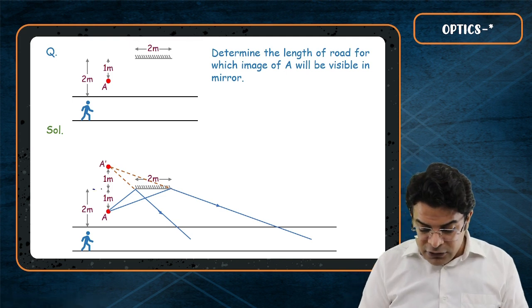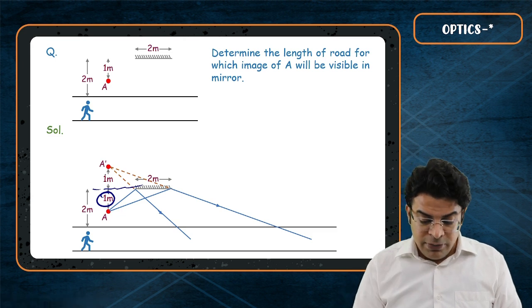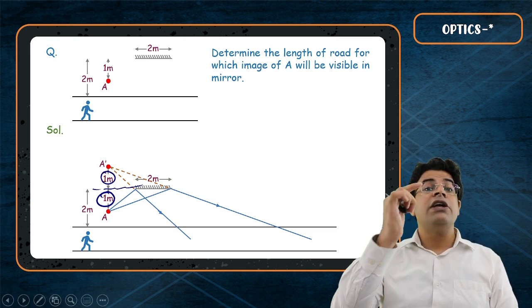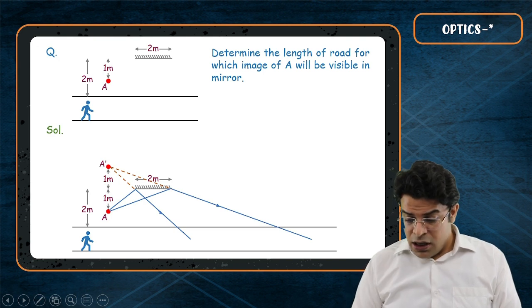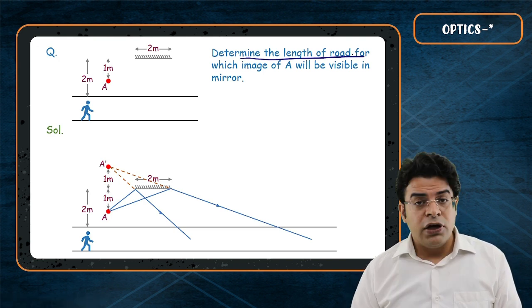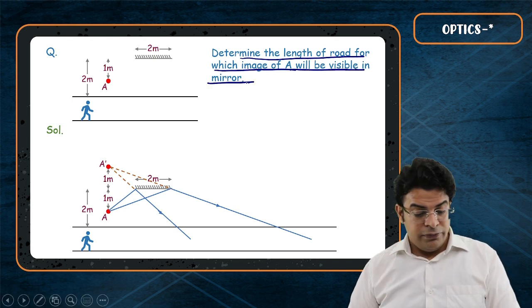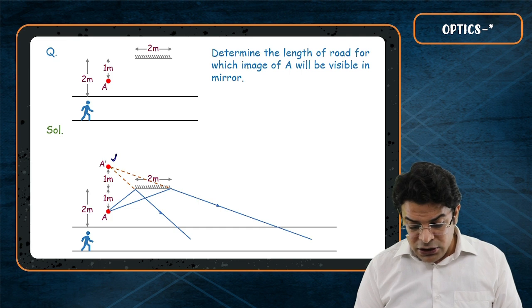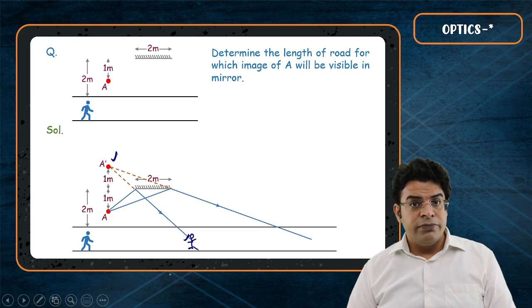We know that if the object is at a distance of 1 meter in front of the mirror, the image will be formed at a distance of 1 meter behind the mirror. Question is, determine the length of the road for which image of A will be visible in the mirror. So the image of A, which is A dash, will start appearing to the person when the person reaches this leftmost point.